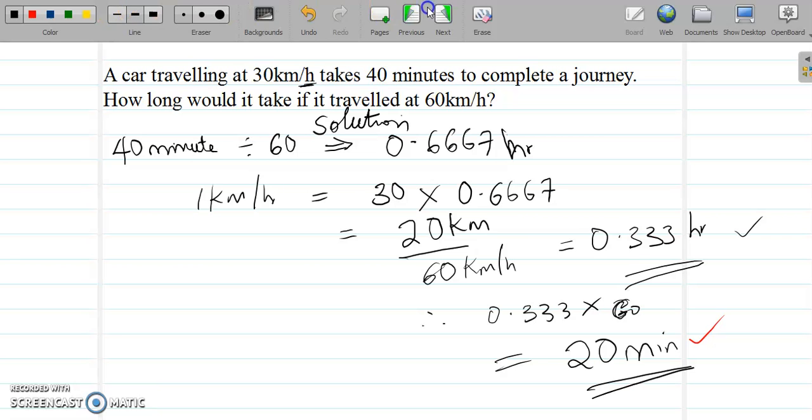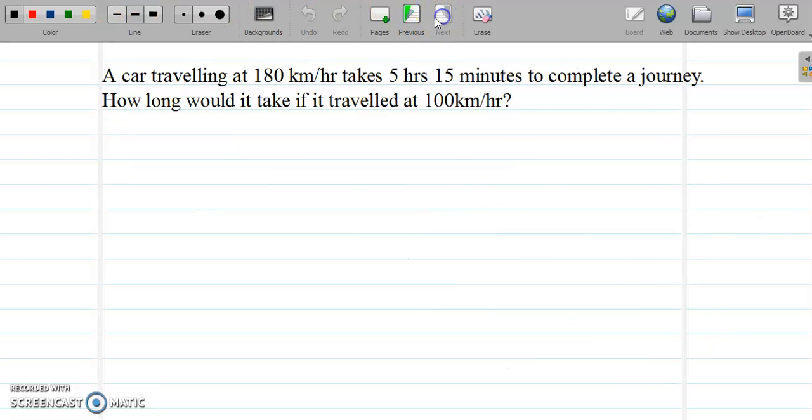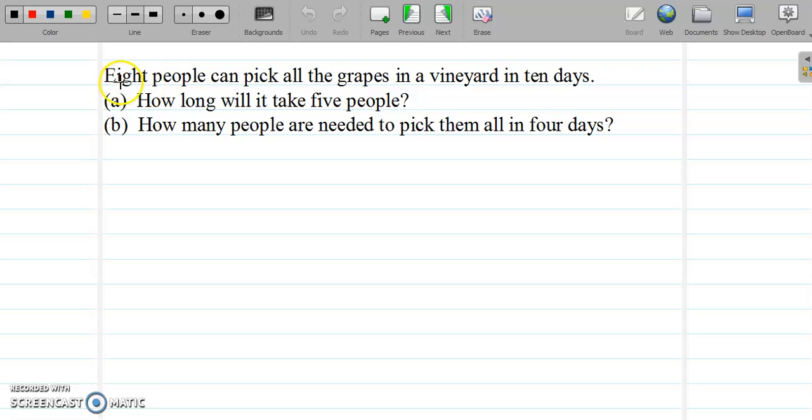Okay, let's look at another last question. Here, we are told that 8 people can pick all the grapes in a vineyard in 10 days.